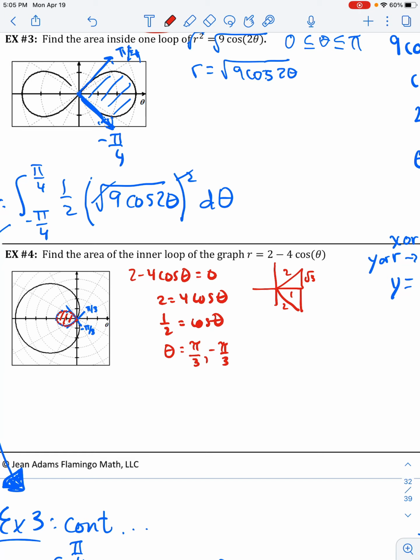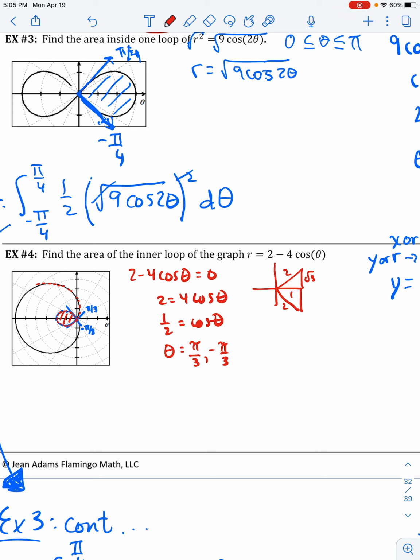You could have said 5 pi over 3, but you had to think about how it is happening. If you went from pi over 3 to 5 pi over 3, it's going to be going out here. So you have to be careful with that. So negative pi over 3 to positive pi over 3 is going to be a good fit for us.